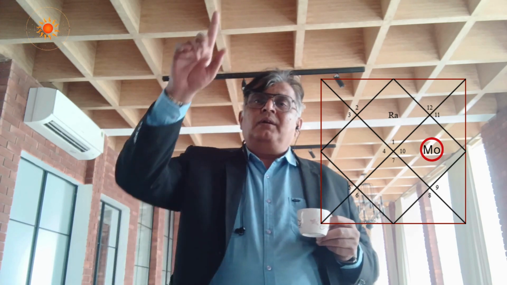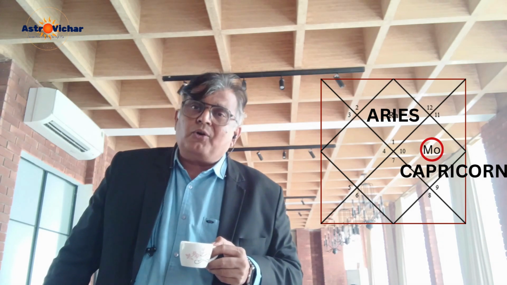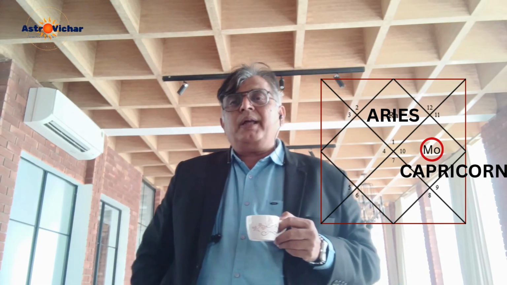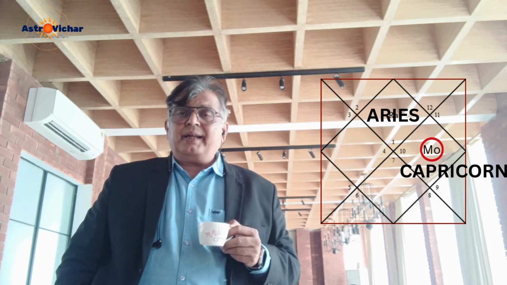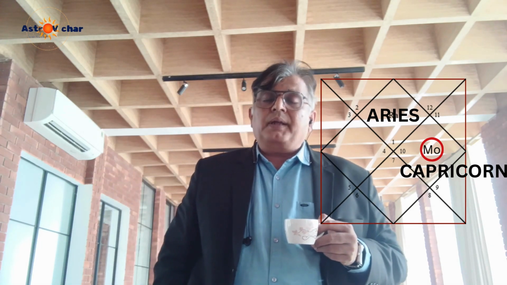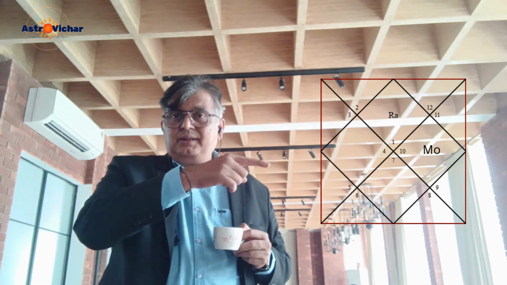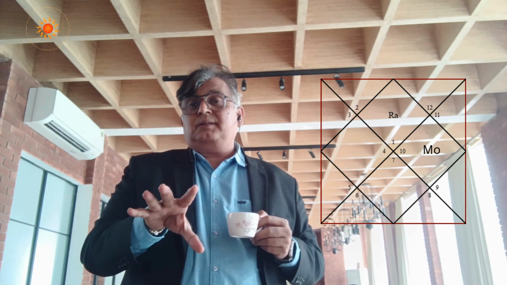For example, you have Aries ascendant, but your moon is placed in the 10th house, so you are Capricorn moon, Aries ascendant. Similarly, you can understand. Wherever the moon is placed in your birth chart becomes your moon sign. You just identify the number placed inside the box where the moon is located in your chart; that is your moon sign. That's very simple, very clear.